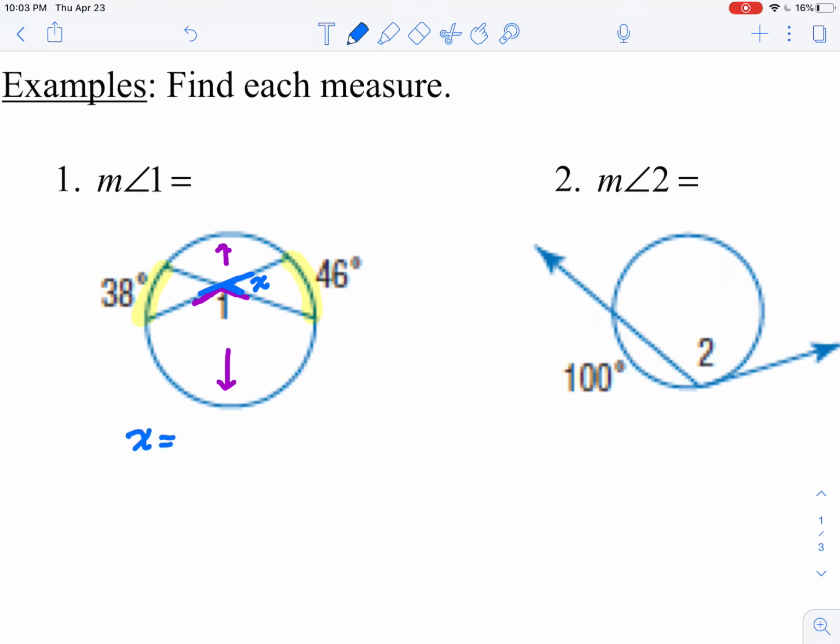So to find x, I'm going to add 38 and 46, divide by 2. 38 and 46 is 84, divided by 2 means that x is 42 degrees.